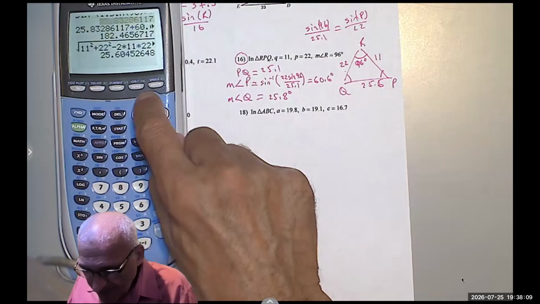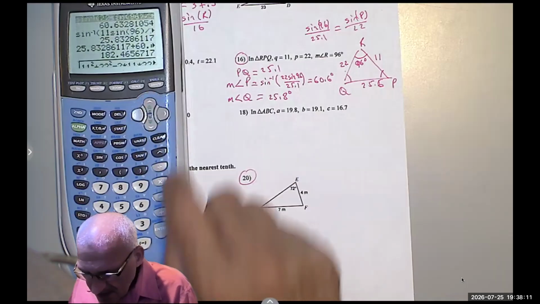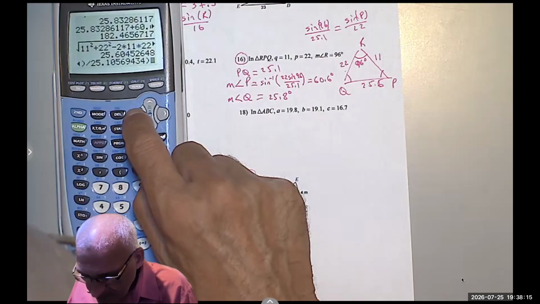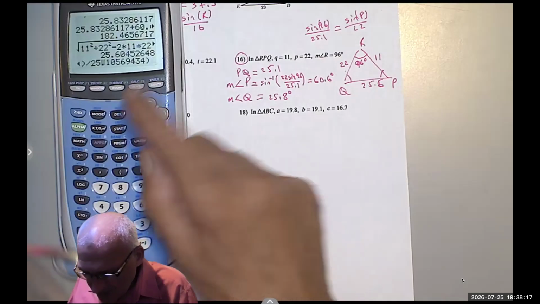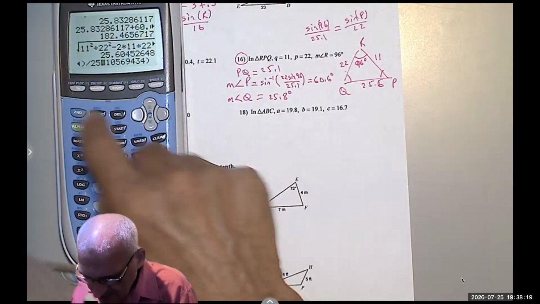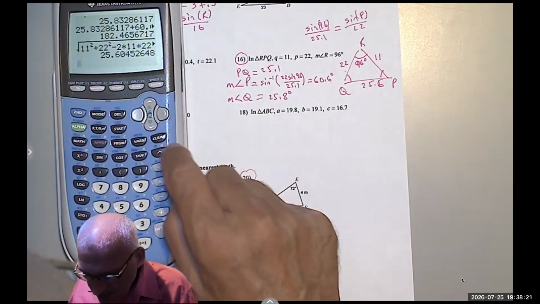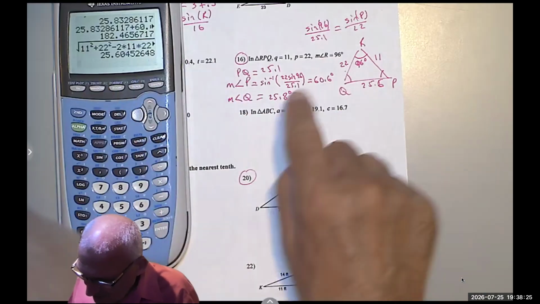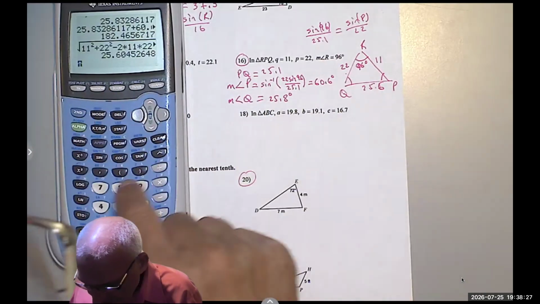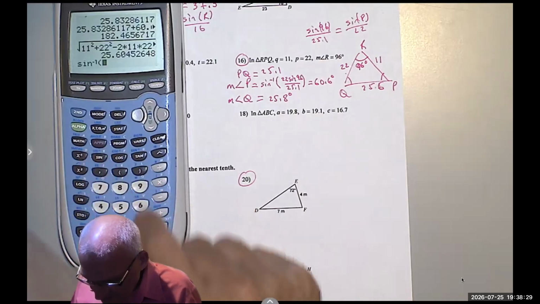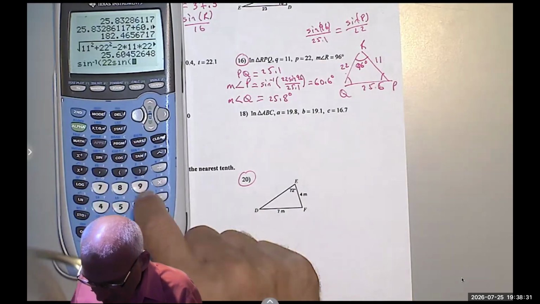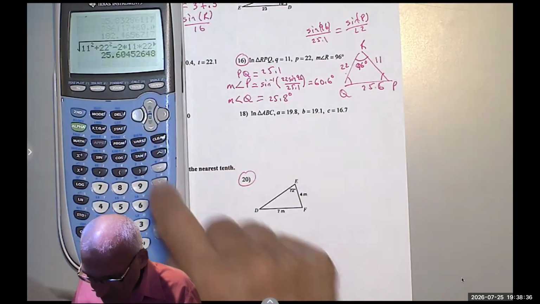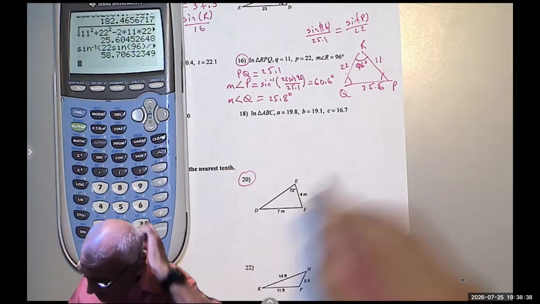Now I can go back to this. Okay, I have this, so I'm going to say again, inverse sine. Again, I keep repeating, it's extremely important to check your answer, and if you are finding everything, to make sure that the angles add up.